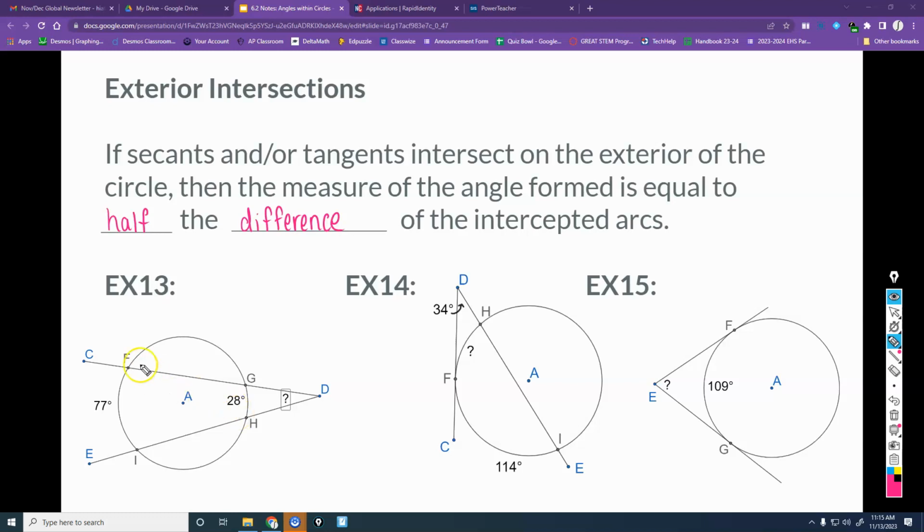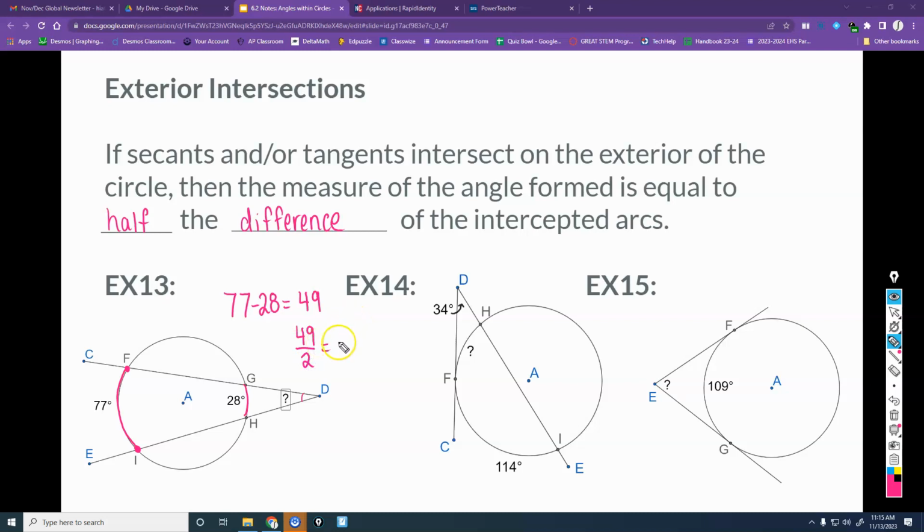Okay. So what we would do here, if I have, for example, this arc and this arc, like I do, to find this angle on the outside, I would have to subtract these two numbers. 77 minus 28. That would give me 49. And then I will divide that number by 2.